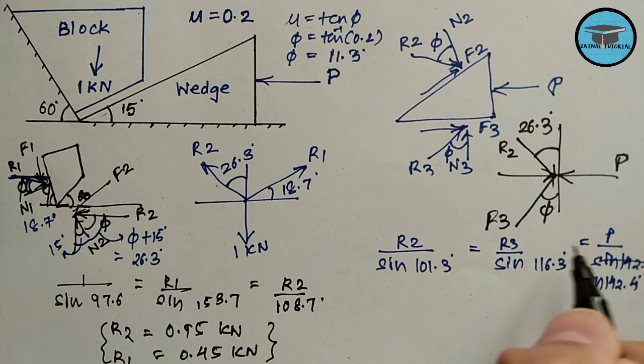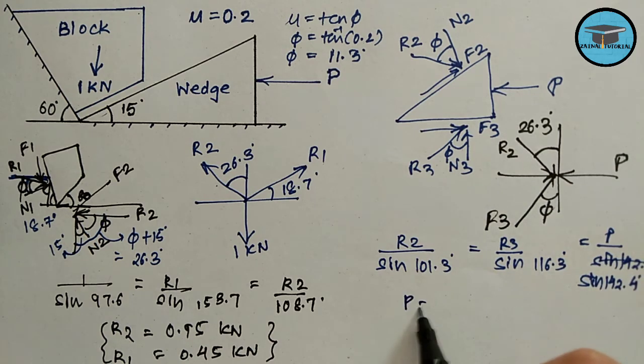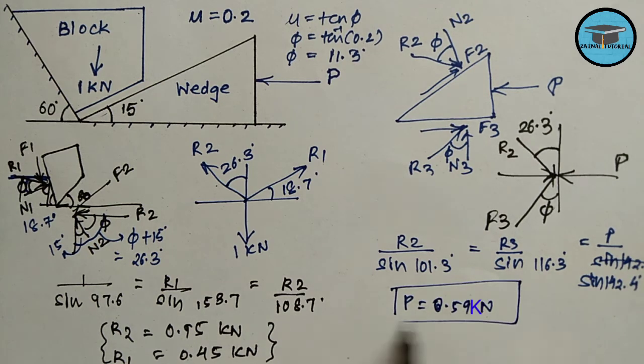Okay, so by solving this we will be getting the value of P as 0.59 kilonewton. So guys, we have obtained the value of the P as 0.59 kilonewton.